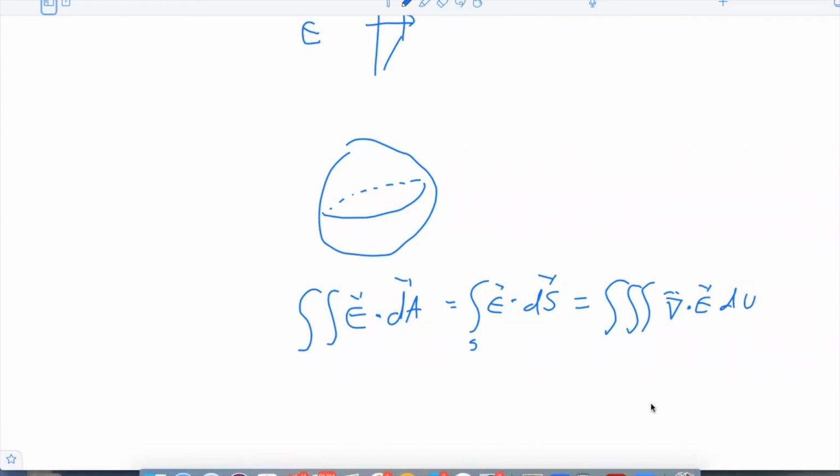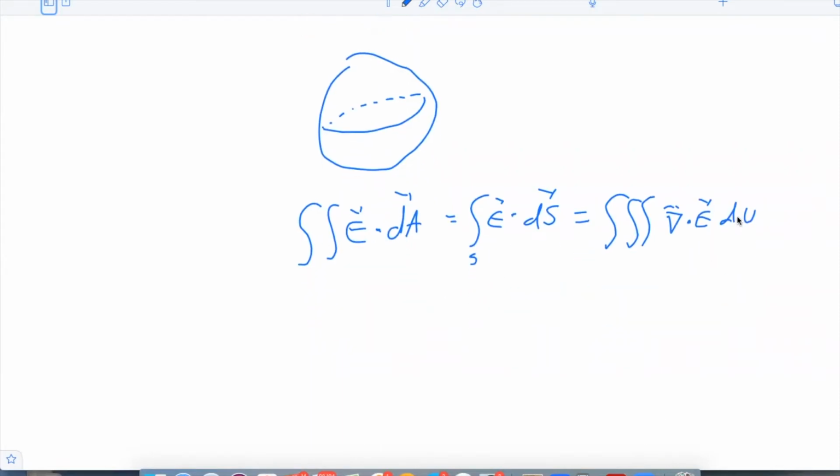Now, I've already gone through this in another video. I don't need to rederive it. But this here, del dot E, that's Maxwell's first equation. That's your charge density. If I integrate over all the charge, this whole thing over here, it's just how much charge lives inside the surface. So this is Gauss's law.